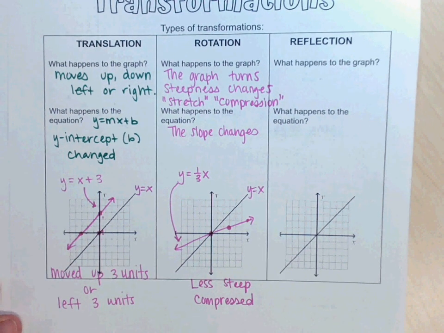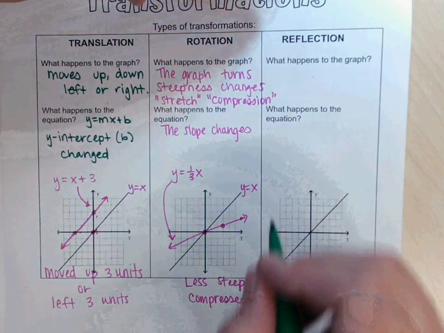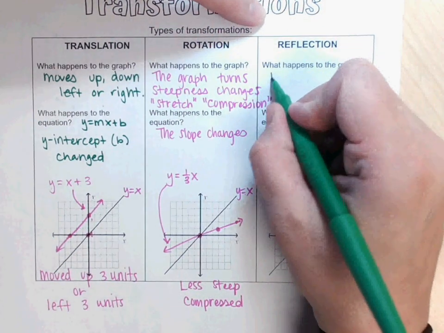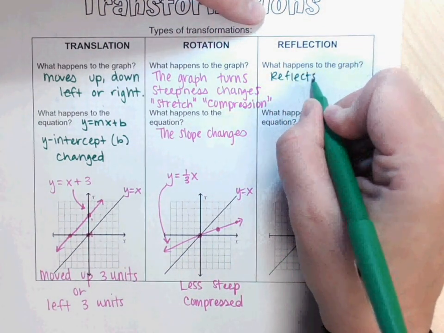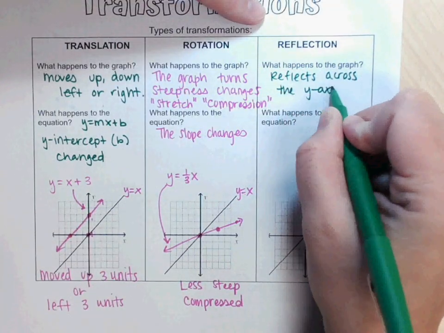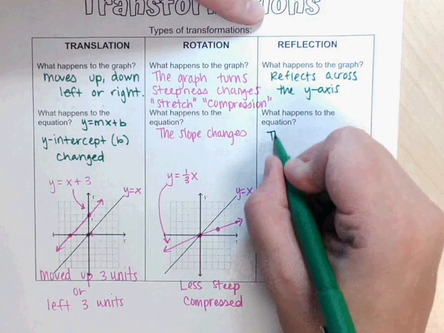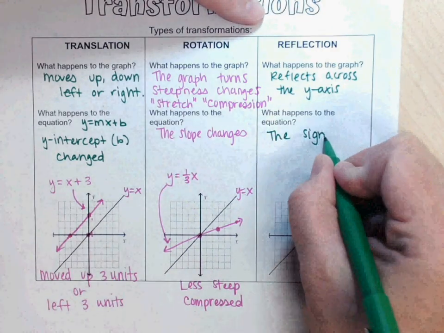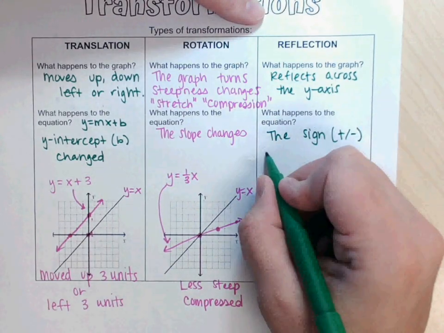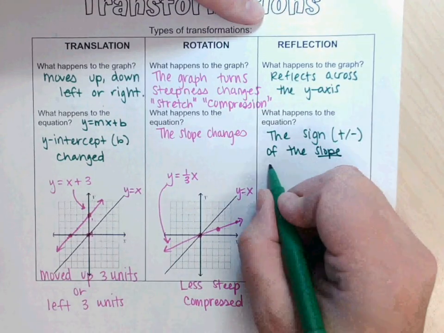Hit pause and consider reflection. What happens to the graph is that it looks like it reflects across the y-axis. What happens to the equation is that the sign, which is plus or minus, of the slope changes.